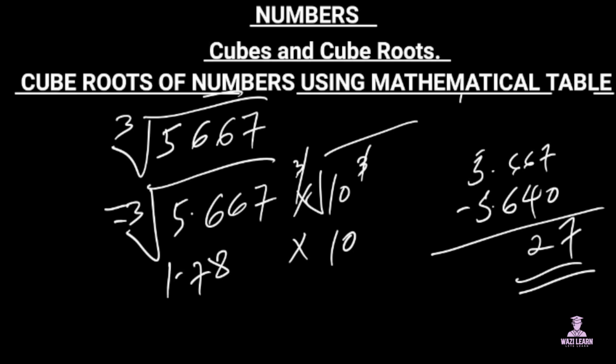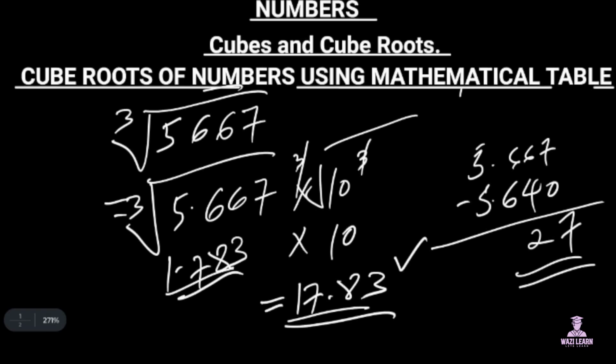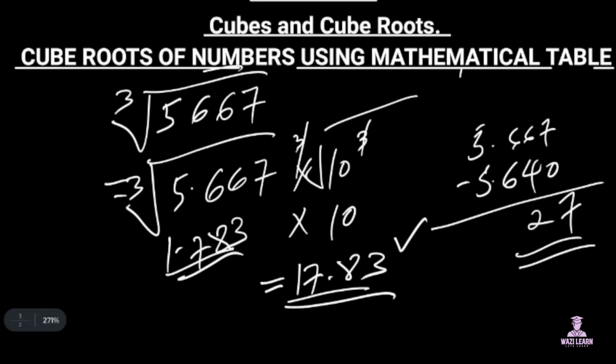It coincides with 3. So you add that 3 here. Then you're multiplying this one by 10. The decimal point will move one step backward. So it is 17.83. So that one is our answer, which is the cube root of 5,667. So that was our lesson on determining cube roots of numbers greater than 1,000 using mathematical tables.